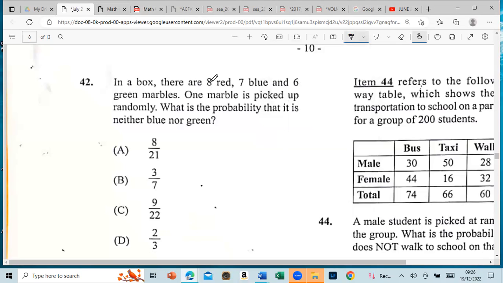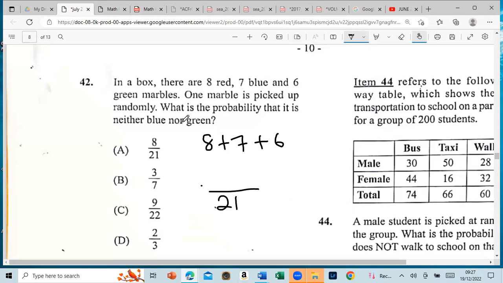Alright, so first we need the total, which is going to be our denominator. So total marbles will be 8 plus 7 plus 6. 8 and 7 is 15, and 6, 21.